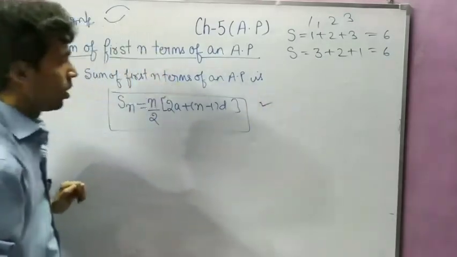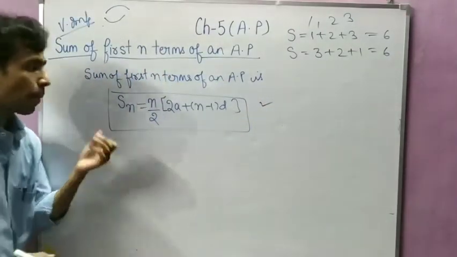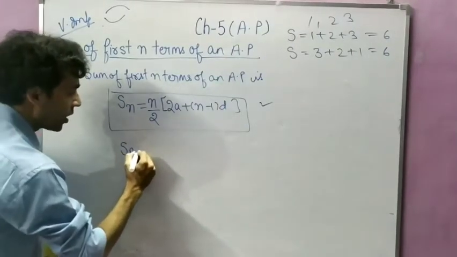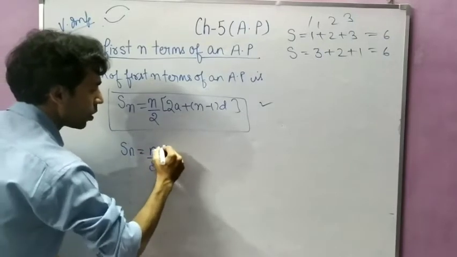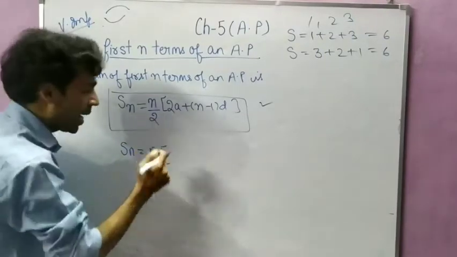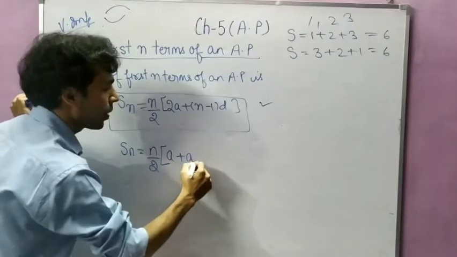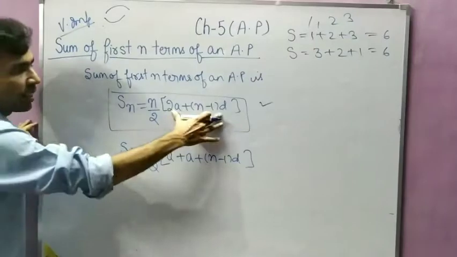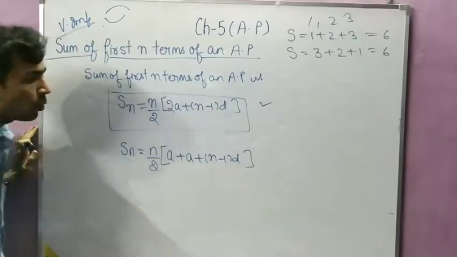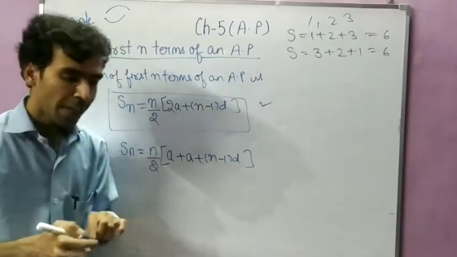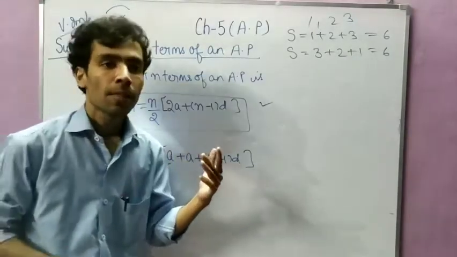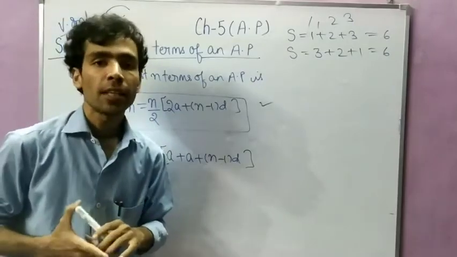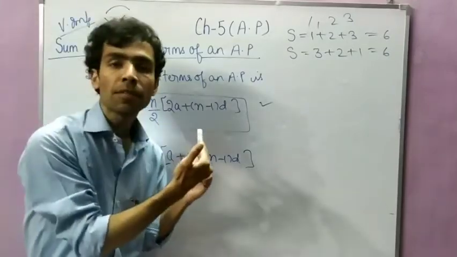Now one more formula. See, this you can memorize. This can also be written as Sn equal to n by 2, now 2a I can write as a plus a plus n minus 1d. This can be written like this also because when I explained the concept of the sum of the first n terms, I told you how many terms were in the AP.